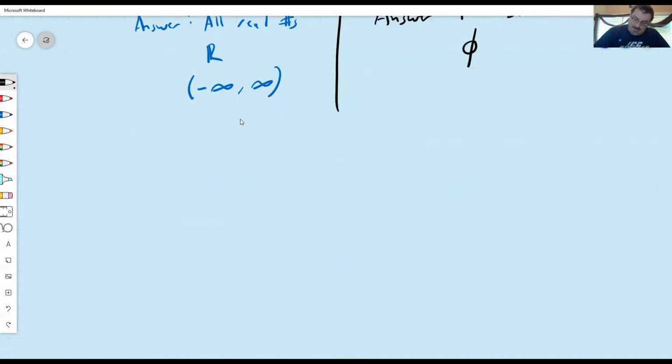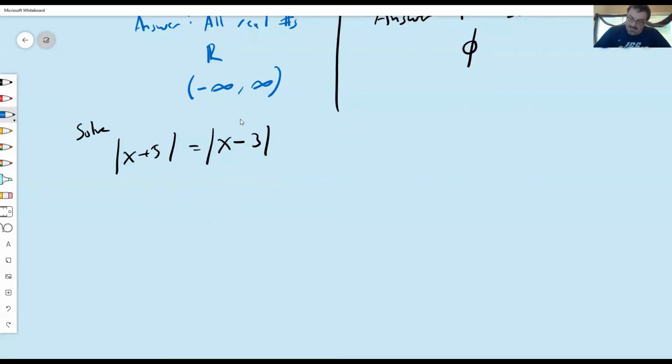What happens if I get something like the absolute value of x plus 5 equals the absolute value of x minus 3? How do you solve this? Well, you basically just do it like you did before.